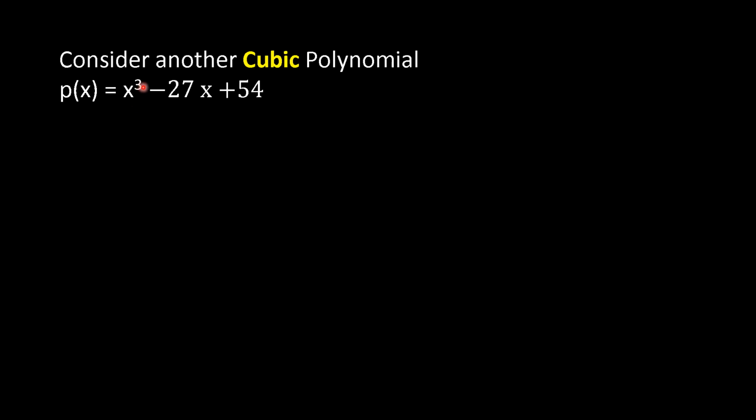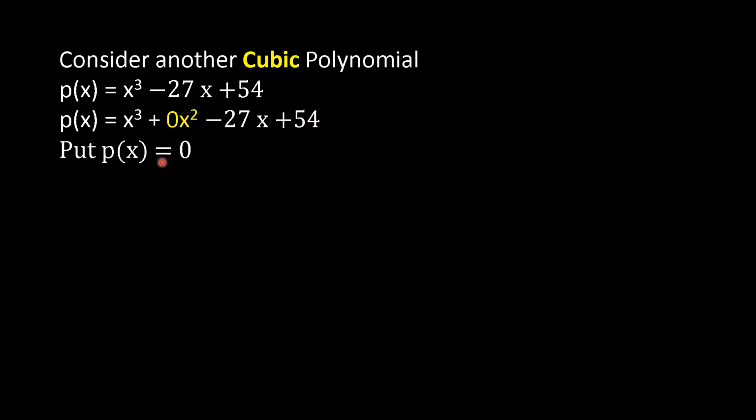Therefore, we will rewrite this polynomial as p(x) equals x cubed plus 0x squared minus 27x plus 54 by writing the coefficient of the square term as 0. Putting p(x) equals 0, we will write x cubed plus 0x squared minus 27x plus 54 equals 0.